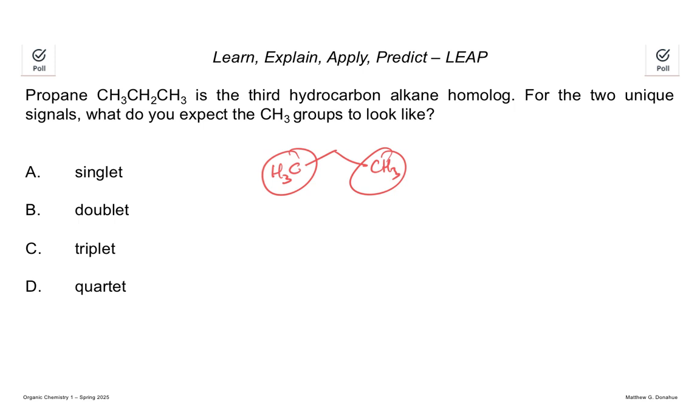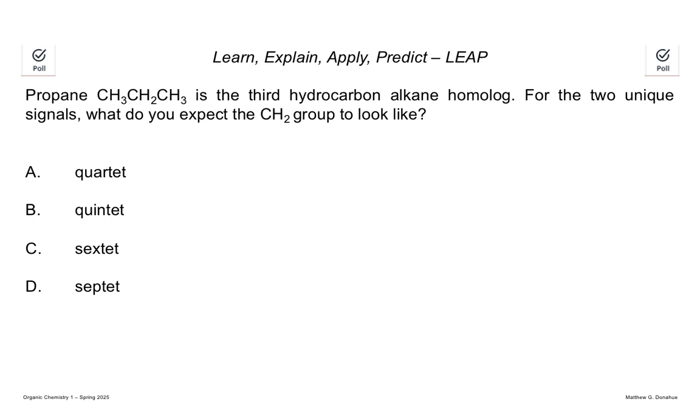How many neighbors do they have? 2. So 2 plus 1 is 3. So it's going to be a triplet. So the CH2 group, that's going to integrate to 2.